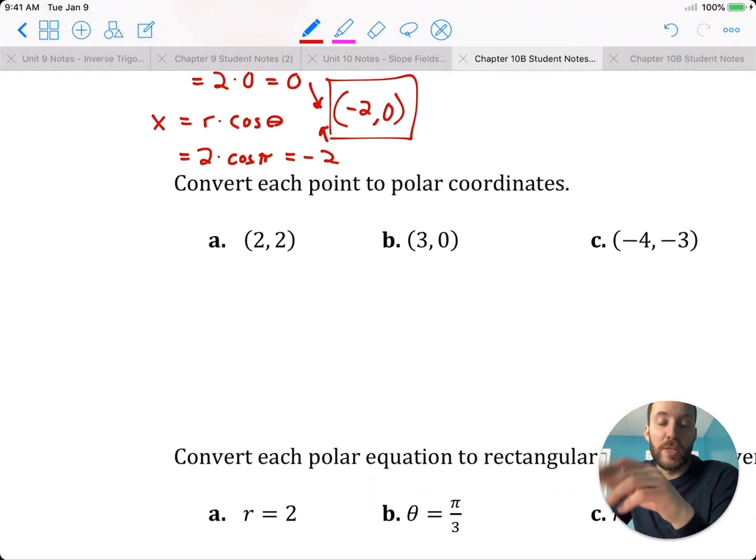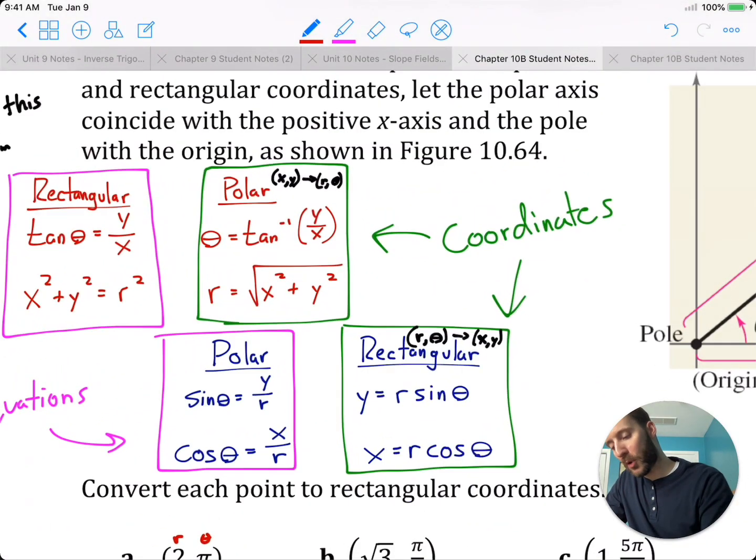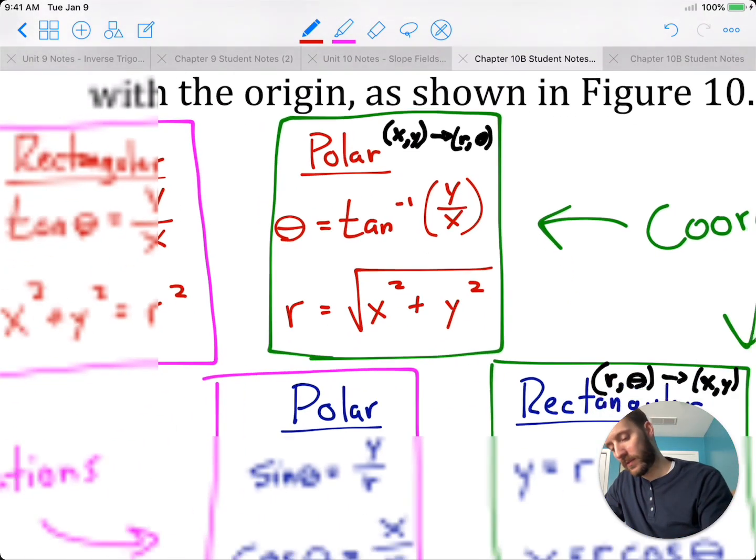Now convert each point to polar coordinates. So going to polar, we're looking at these equations right here. We have x and y. We're going to r and theta. So we want those r and theta conversions.